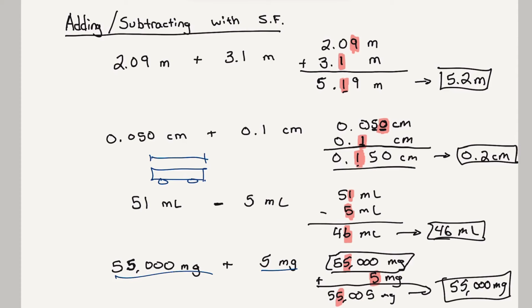Does it add to the total length of both of those? Technically, yes. But in a measurable way, no, it does not. And so a problem like this where you end up with the same answer through addition that you did before, that's like adding the length of an ant to the length of a car or a train or something like that. This is the basic rules of adding or subtracting with significant figures.